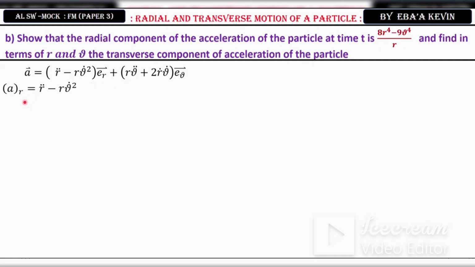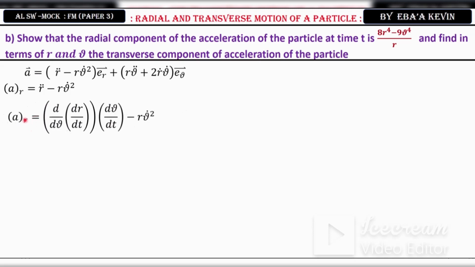We can write the radial component of the acceleration as r double dot minus r theta dot squared.